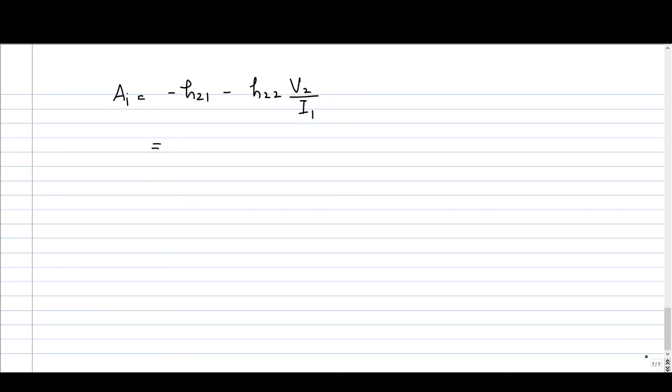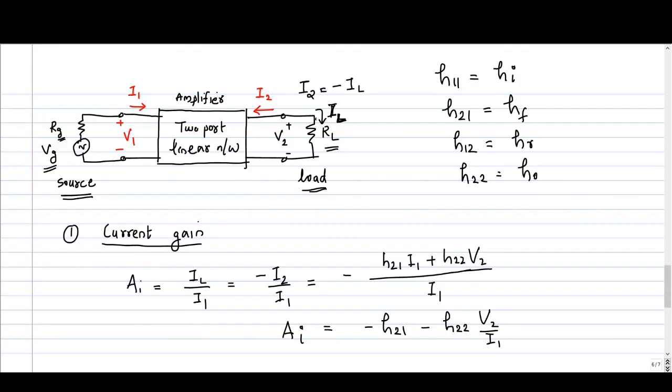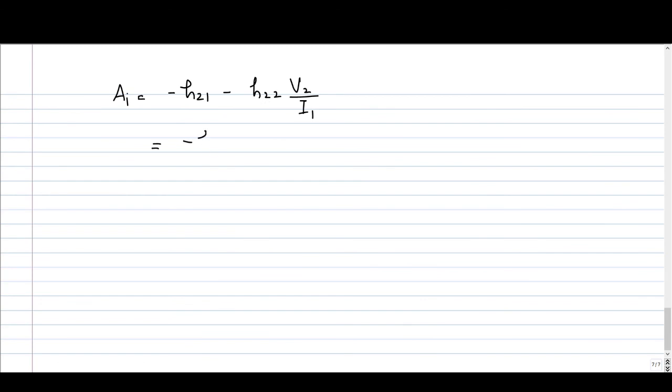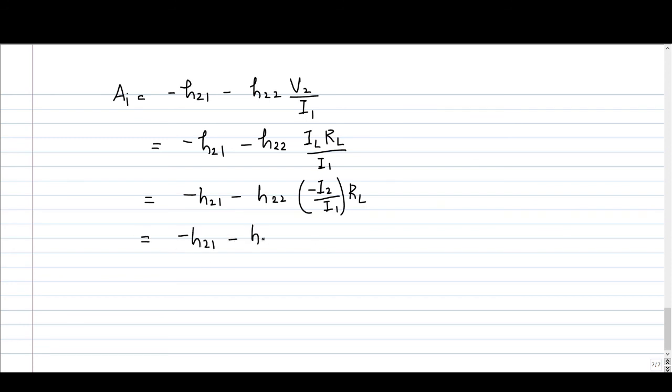What is V2? So if you look at the circuit, V2 is the voltage across this load resistance RL. So it is nothing but IL RL. V2 is IL RL. So this is minus H21 minus H22 into IL RL by I1. And we have seen that IL is nothing but minus I2. So it is minus I2 by I1 into RL. And minus I2 by I1 is nothing but current gain. So it is also AI into RL.